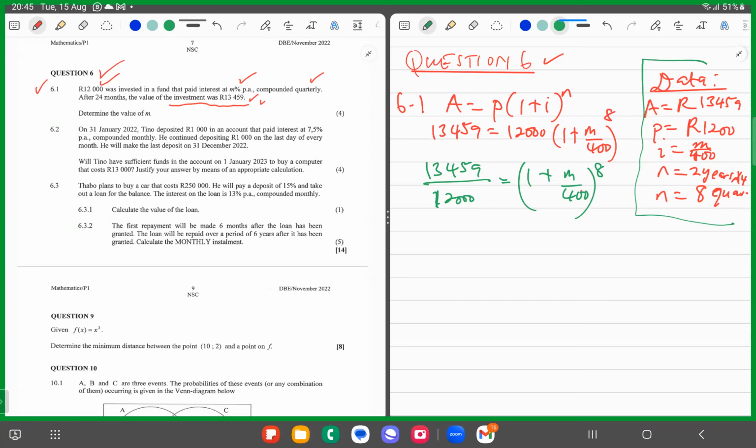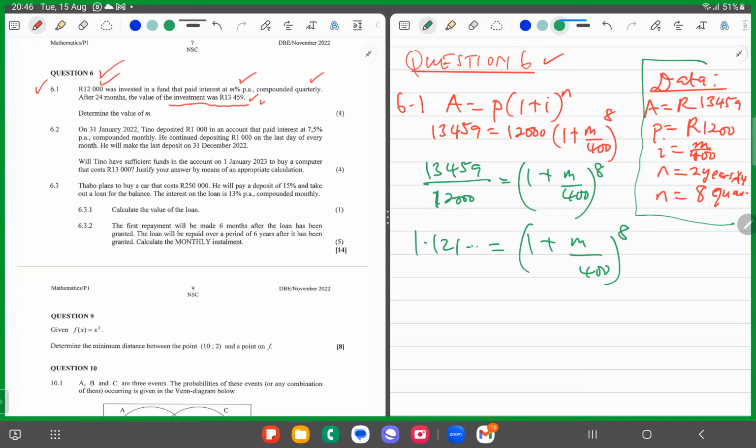This is good news, which is exactly 1.121, which is equal to 1 plus M over 400 to the 8th power.